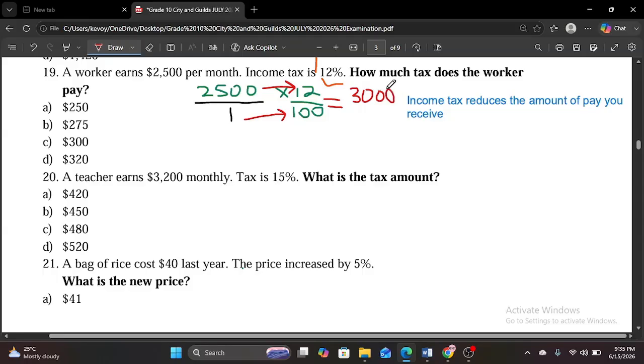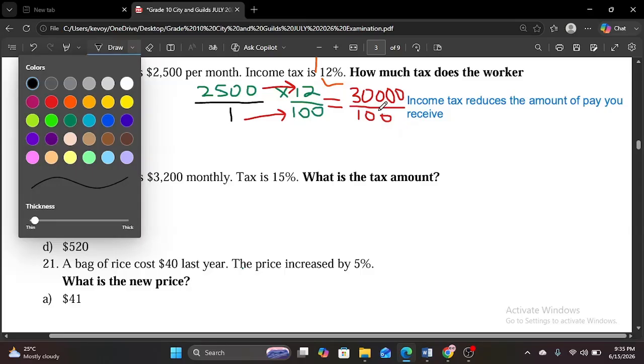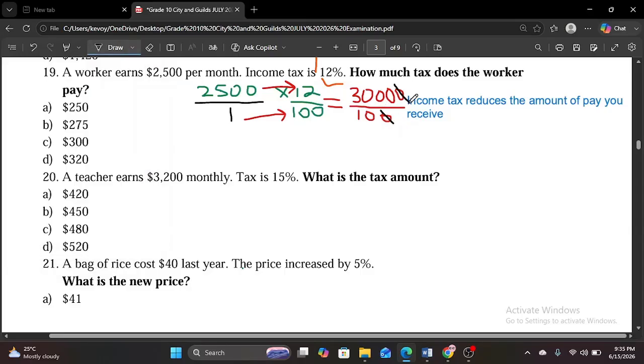So that's going to be 30,000 over 1 times 100. That's going to be 100. And then afterwards, we just cancel. So we take 1 zero from the bottom, 1 zero from the top, 1 zero from the bottom, 1 zero from the top. So we're just left with 300. So the person's income tax will be equal to 300. So that's gonna be C.